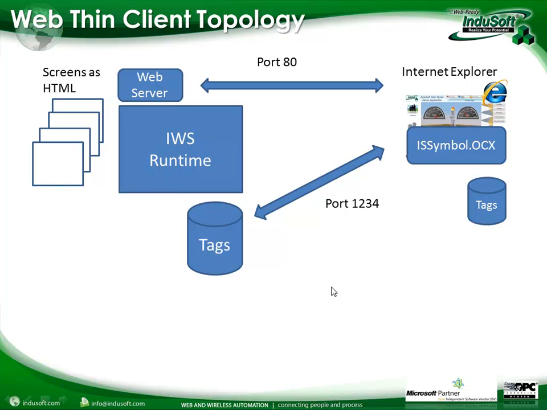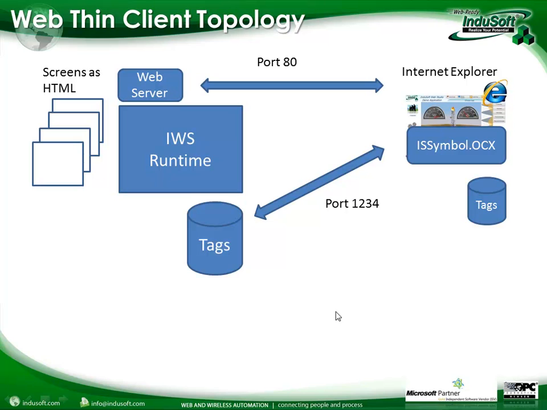If the tag is set up as local, each tag database has its own copy of that particular tag, and that's done on a tag by tag basis. So if you want values to exist in the server but possibly different values on the thin clients, then you would set that particular tag up as having a local scope.